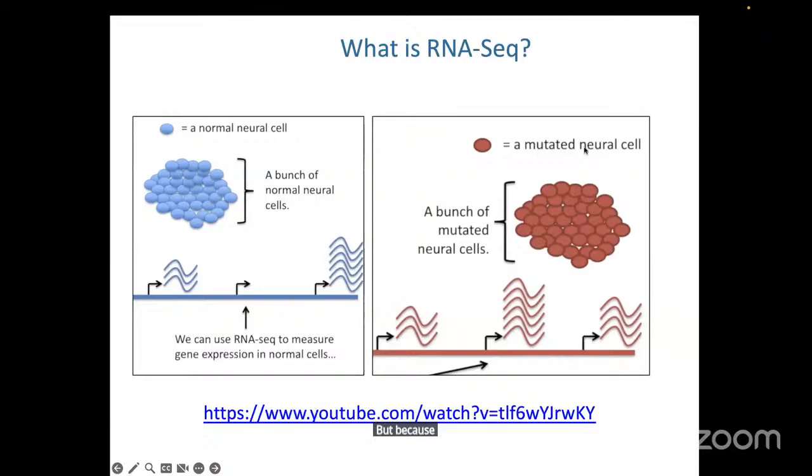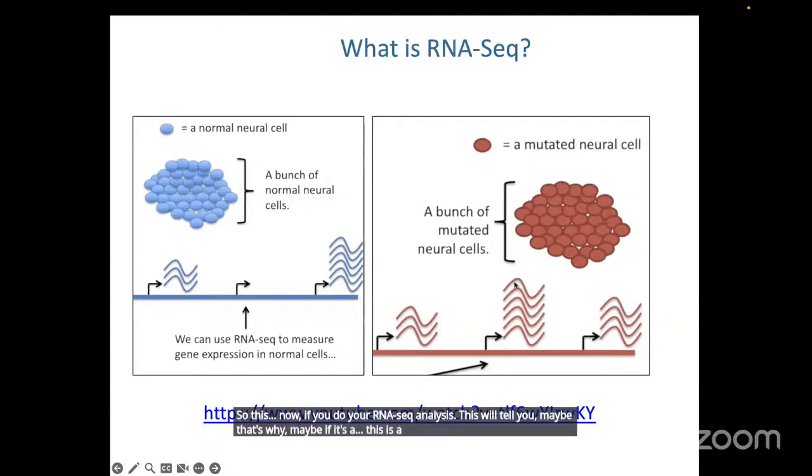But because this is mutated, basically something is missing. The normal gene at this particular time is not being expressed at all. And the mutated one, this one is not being expressed. So now if you do your RNA-seq analysis, this will tell you maybe that's why, if this is a cancer cell, that's why this is cancerous, because of this type of gene. So something's happening here. Okay.